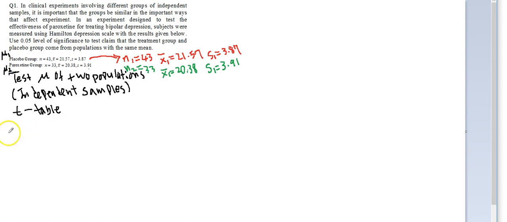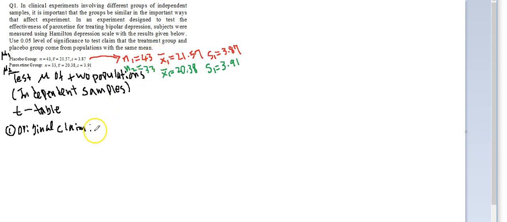Okay, so the original claim here, if you read the question, use alpha equals 0.05, is that they both have the same mean. Whether you take the medication or not, the score is the same.